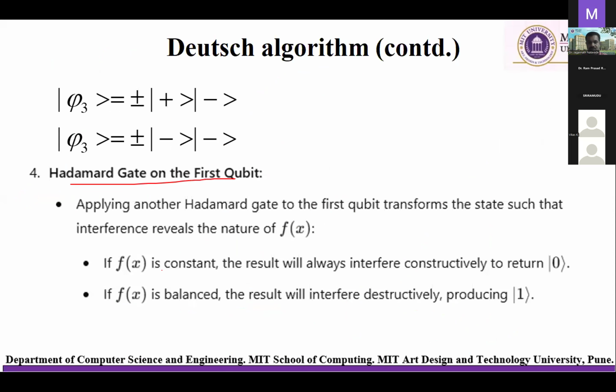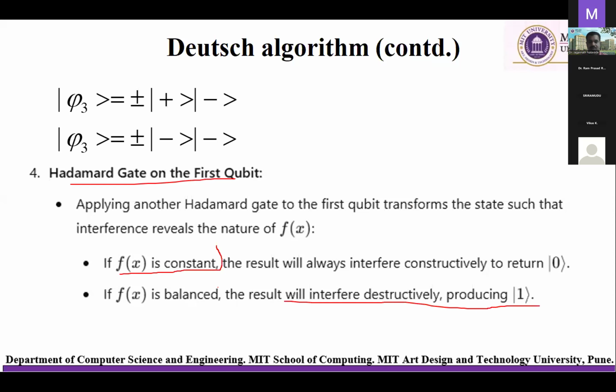If f of x is constant, the result will always interfere constructively to return the 0. So if there is always a plus sign or 0 state, then we can say that the function is constant. Otherwise the result will interfere destructively, producing the ket 1. If it produces the ket 1, then f of x is called balanced, irrespective of whether we consider 0 or 1 here.